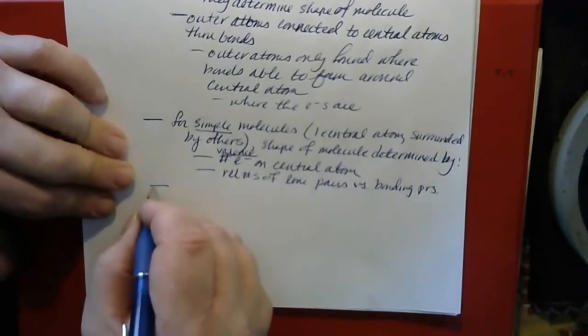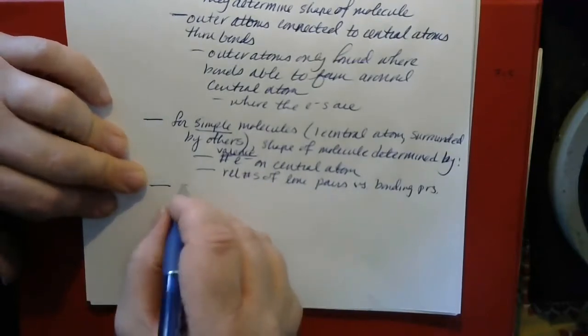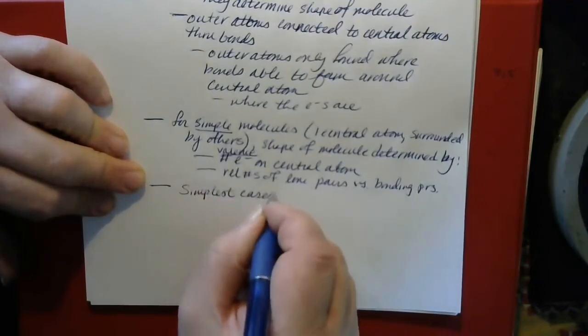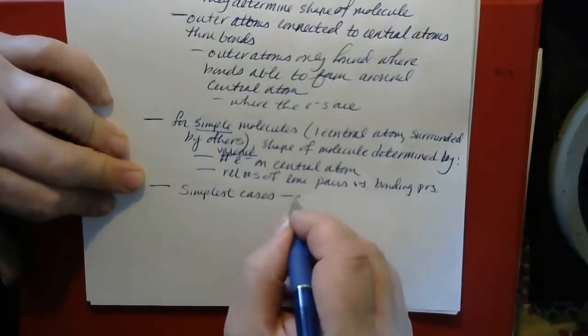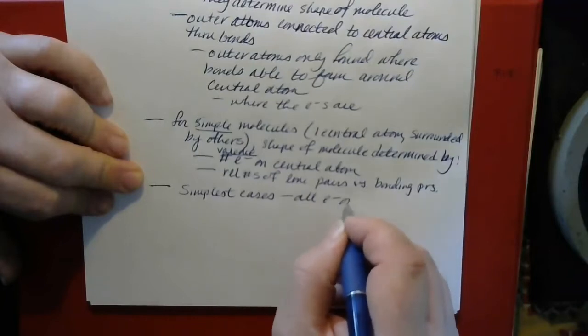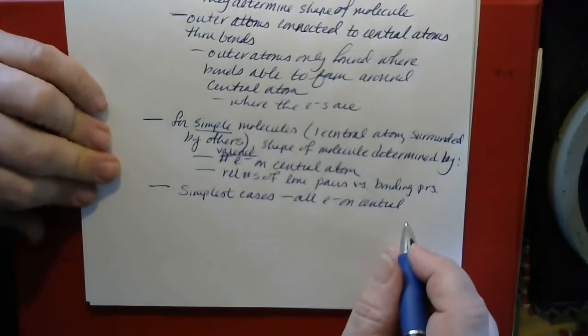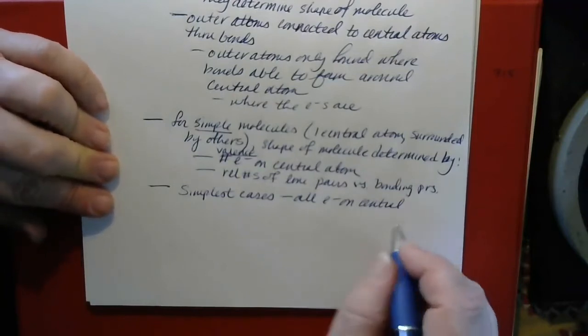For right now, we're going to deal with the simplest cases. And that is simply when all of the electron groups on the central atom are bonding.